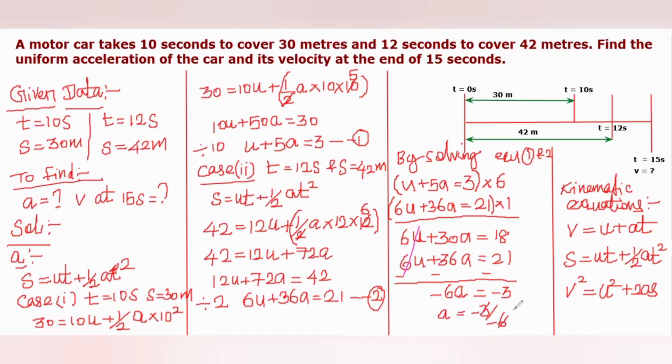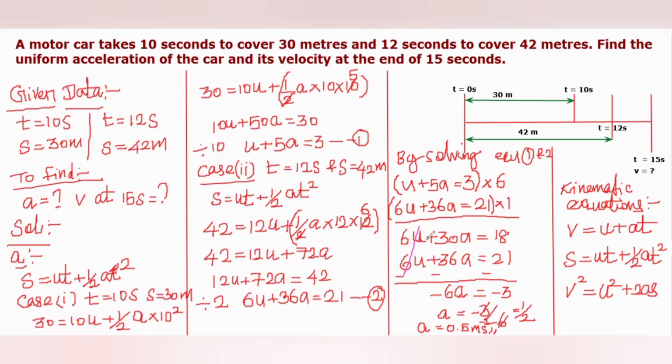If you simplify, you will get 1 by 2, or the acceleration equal to 0.5 meter second power minus 2. So now we have to substitute this value of acceleration in any one of the equations, then we can get the value of u.